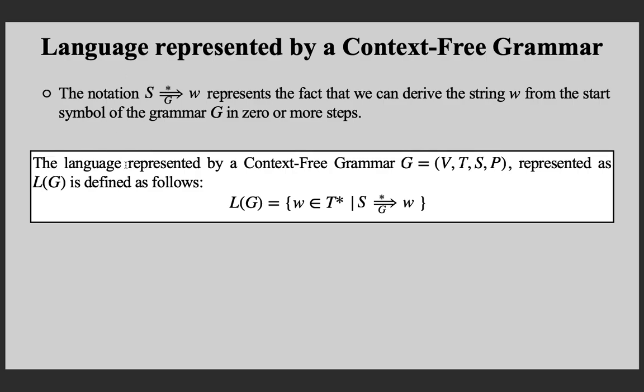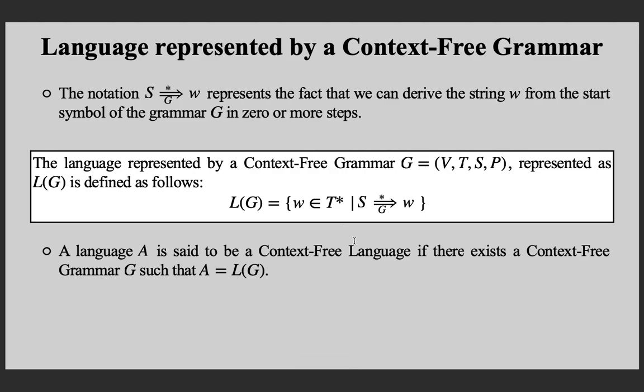The language L of G represented by context free grammar G with this as the set of variables or non-terminals, set of terminals, start symbol and productions, is represented as the set of all terminal strings W such that W can be derived from the start symbol of G using 0 or more steps in the derivation. It is the set of all strings which you can derive from the start symbol.